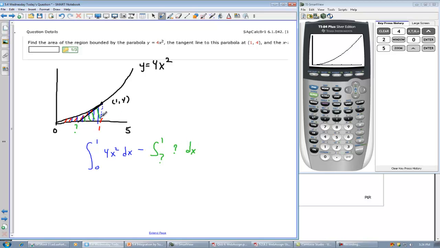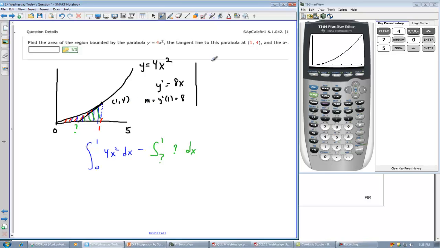All right, so first, let's go find the equation of the tangent line. To do that, I have a point, I need the slope. So find y prime. y prime is equal to 8x. The derivative gives me slope, rate of change, and so I plug in 1, so y prime of 1 is equal to 8. So my slope is 8, my point is (1, 4).